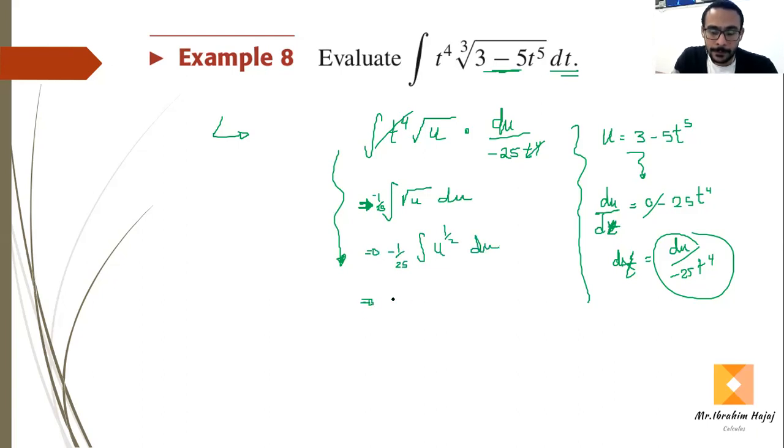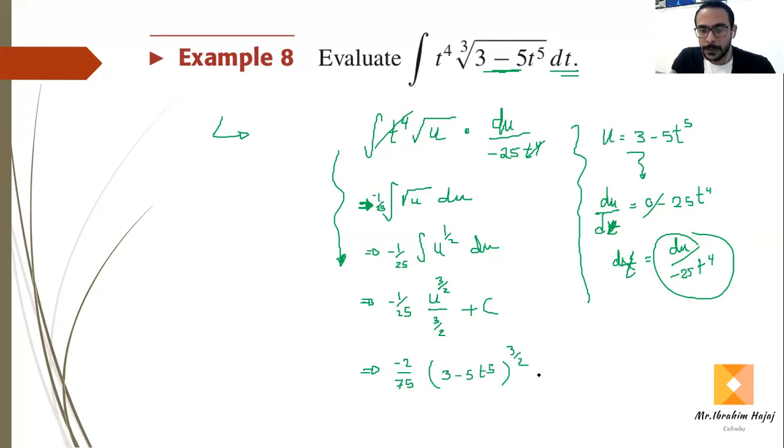So you add 1, so it is negative 1 over 25 times u to the power of 3 over 2 over 3 over 2, plus C. So it is negative 2 over 75, 3 times 25, times u to the power of 3 over 2. Replace the u by its value: 3 minus 5t to the power of 5, all to the power of 3 over 2, plus C. Thanks a lot, plus 1, Mr. Abdul.